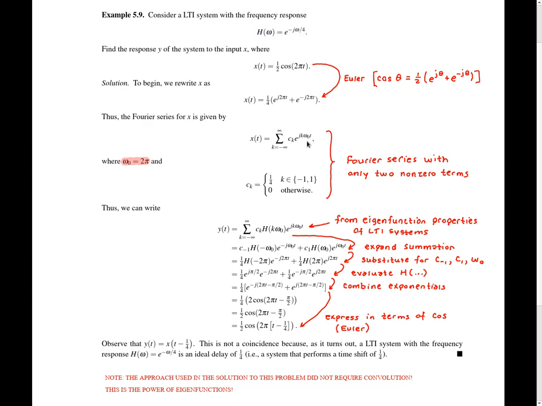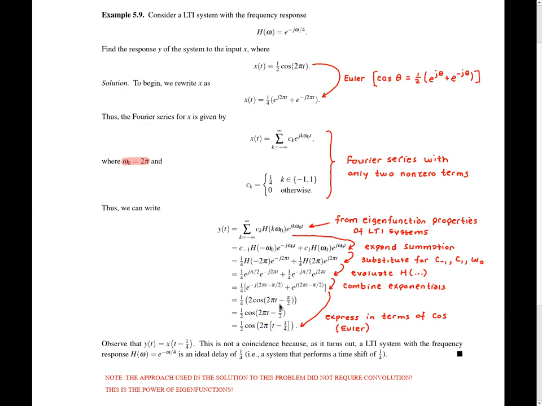So we can evaluate that function, and that gives us this next line here. And then what we can do next is combine the exponential functions that we have in order to get this next line, and then we can write this as a cosine function using Euler relationships, which gives us this next line here. And then just through very simple manipulations we can get this into the form of the right hand side on this last line.